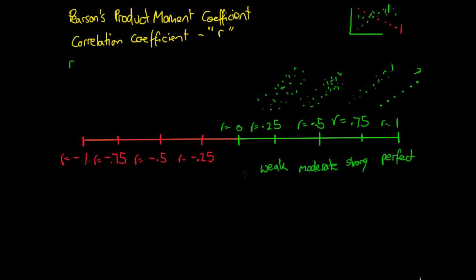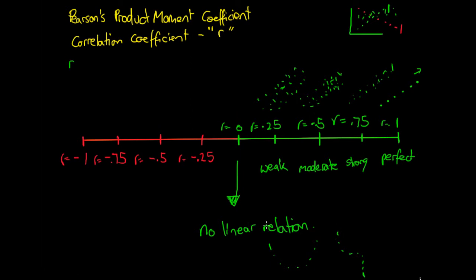So if we're at 0, this basically means that there is no linear relationship. So at 0, it means that our data could be perfectly related, but it might be a parabola, or it might be what's known as a cubic. It's not going to be a linear relationship.